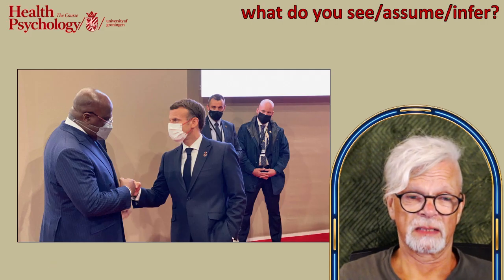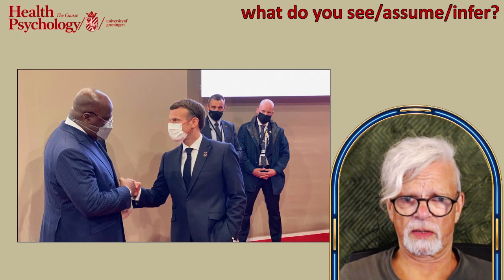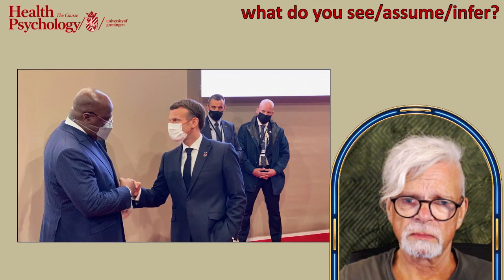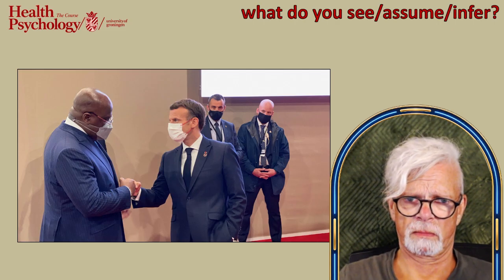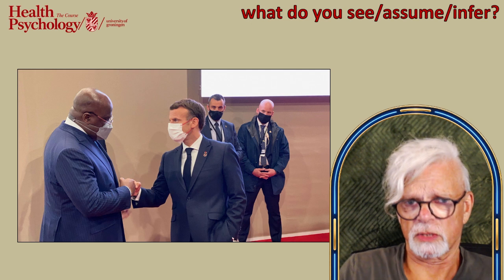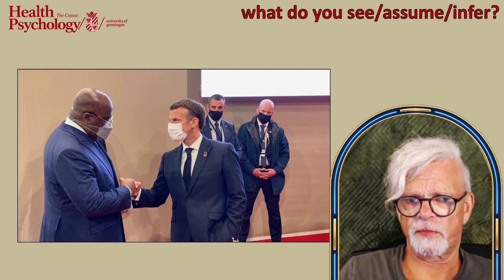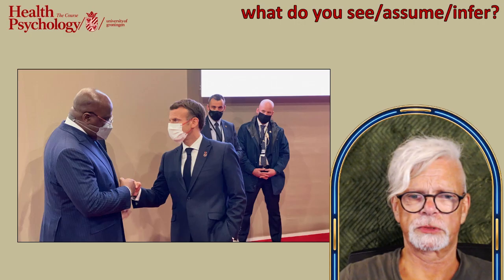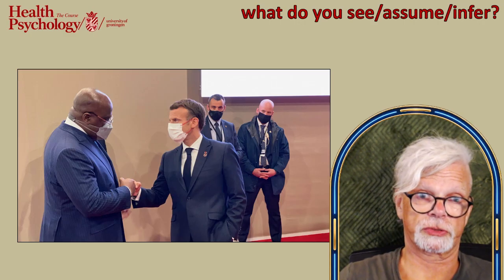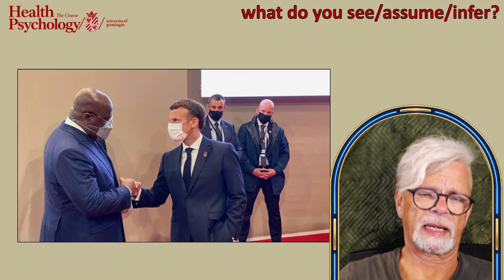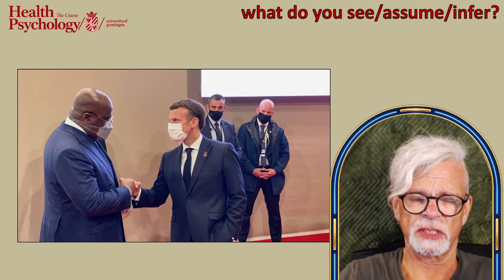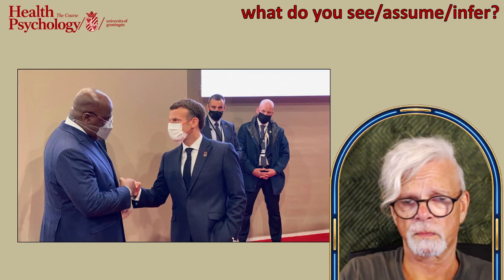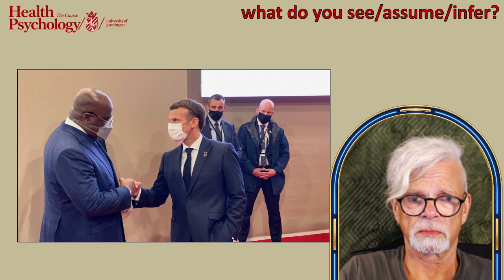And then I assume that they all find this beneficial in some way. That's why they do this. And I infer that they comply to social rules just for the social rules, or that they indeed find COVID dangerous. I don't know.